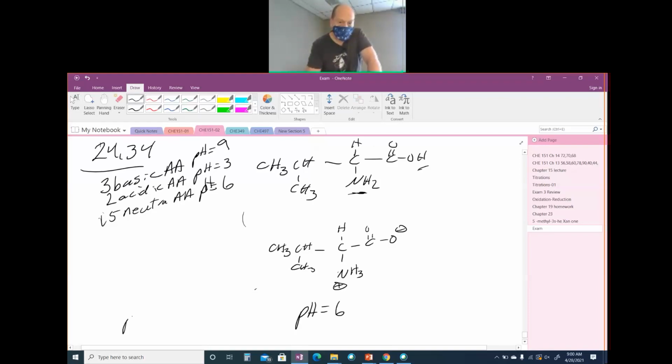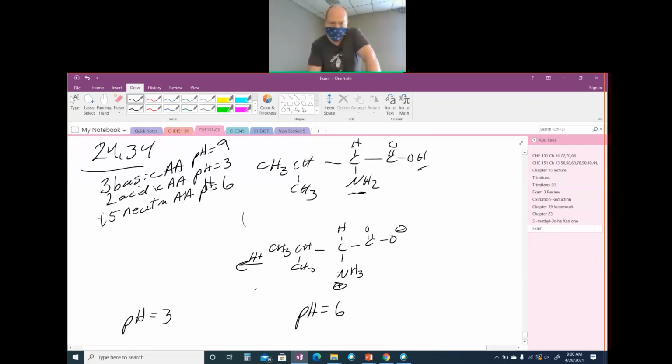If we want to look at a pH of 3, that means we are acidic. If we are adding H plus, we have an acidic solution. So you put it in HCl, any acid, to get the pH down to 3.